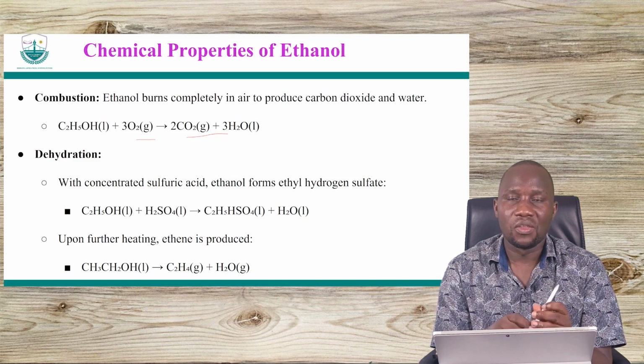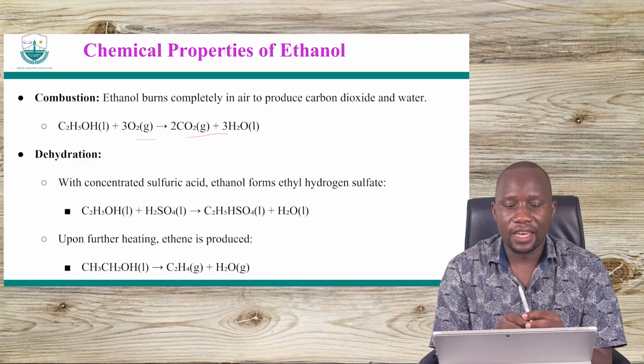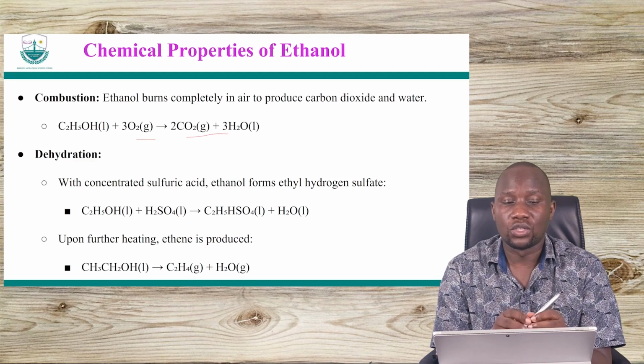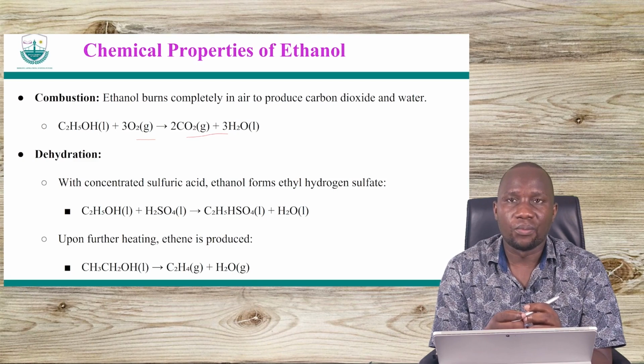So when you heat that again, you form ethene and water. This is one of the ways that we saw for making ethene. Dehydration of alcohol using concentrated sulfuric acid is one of the ways of preparing ethene.